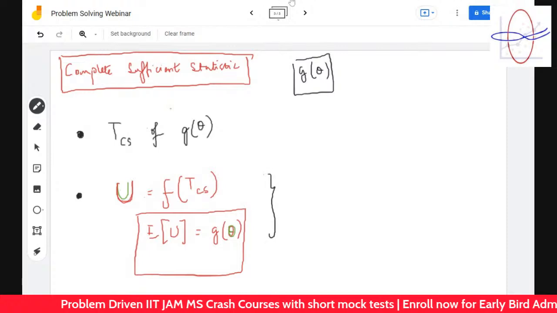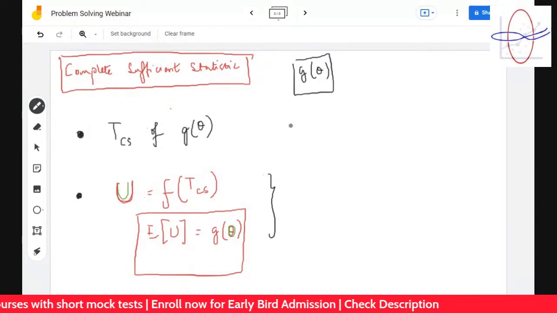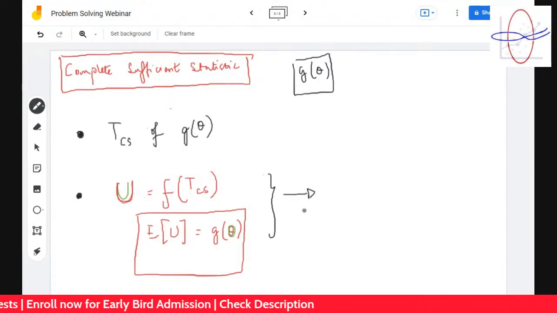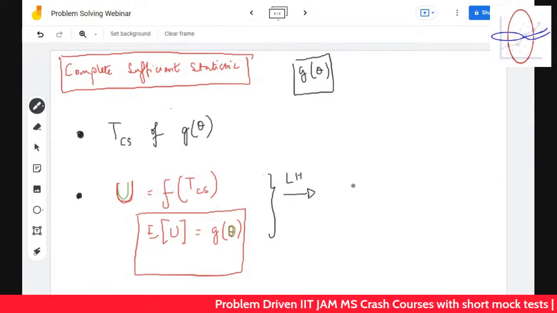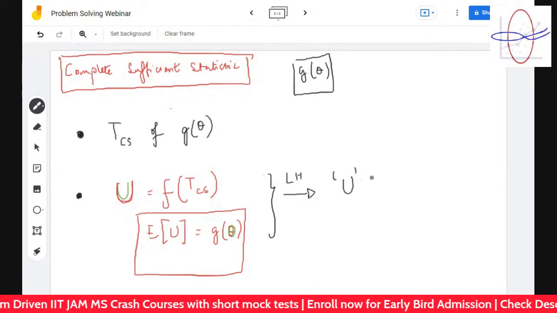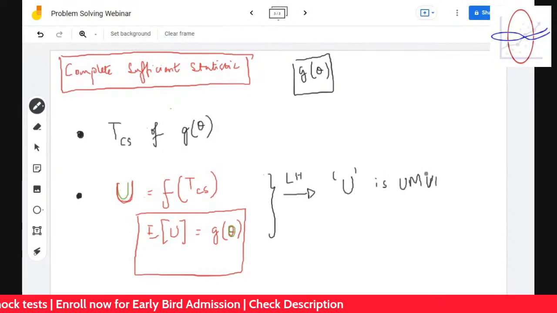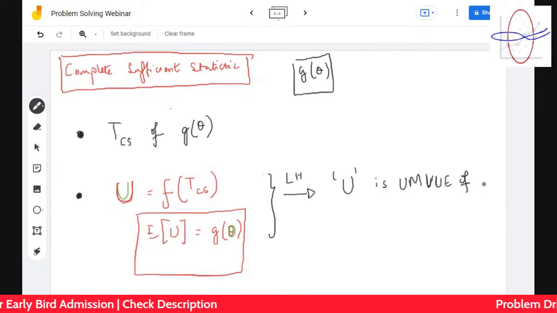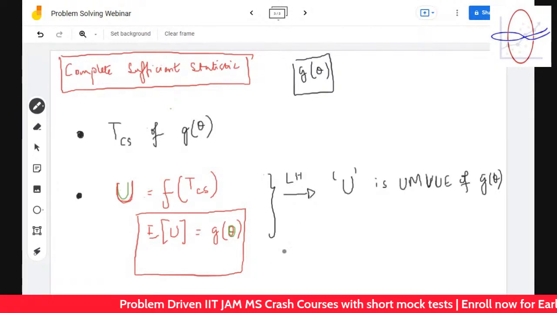And what will happen? This will lead to the fact that by the Lehmann-Scheffe lemma, U is UMVU of g(theta). Now the question is that many times you cannot easily do it.